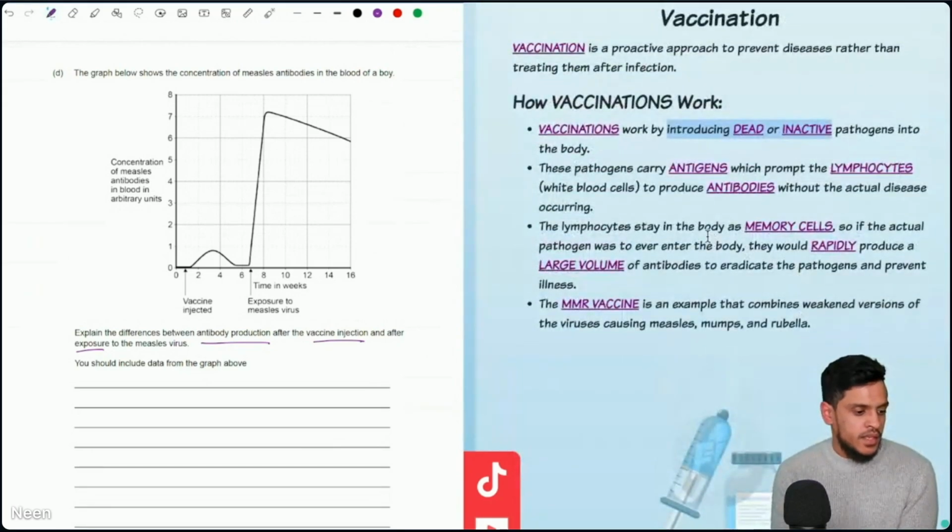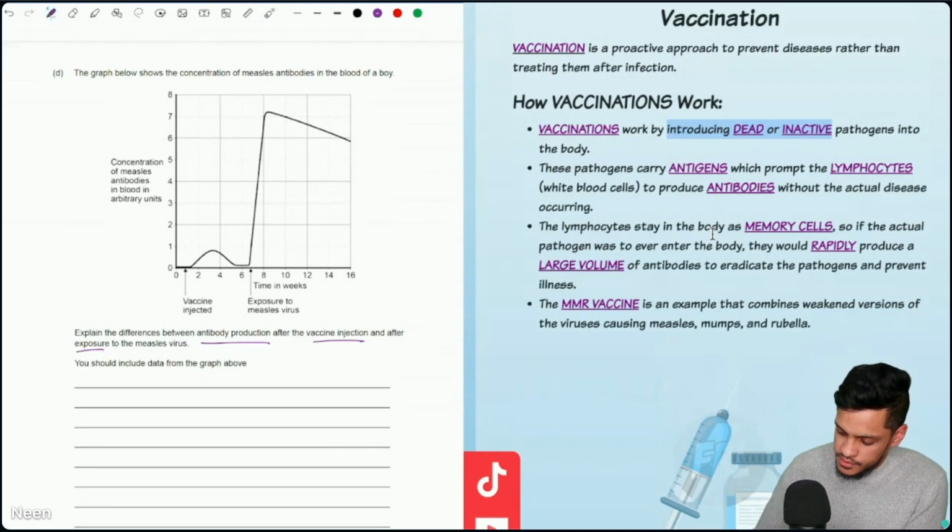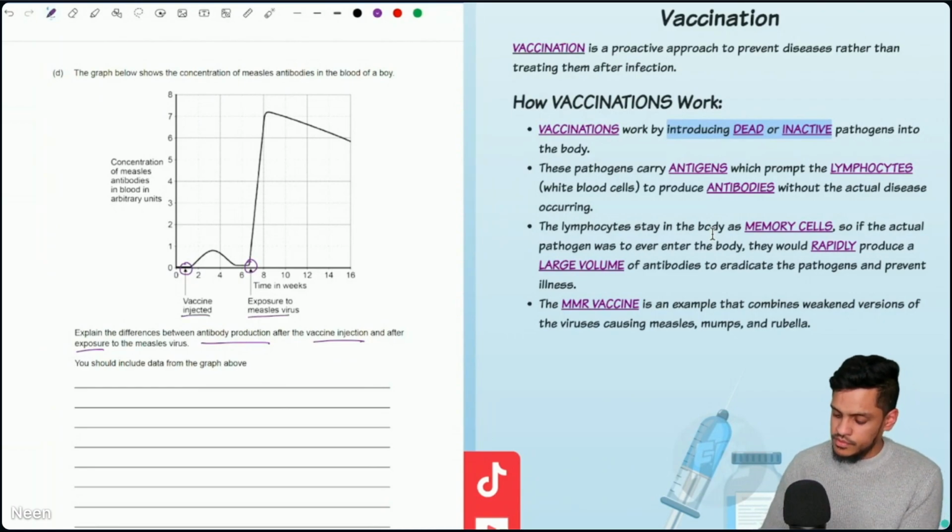Okay. So this question, you got to look at the 2 differences that they're talking about. So the vaccine injected and the exposure to measles. So when you're injected with a vaccine, you've got a dead or inactive pathogen within you.